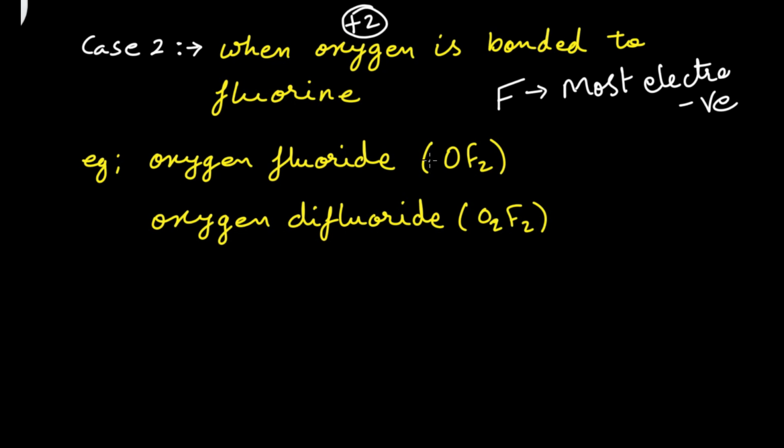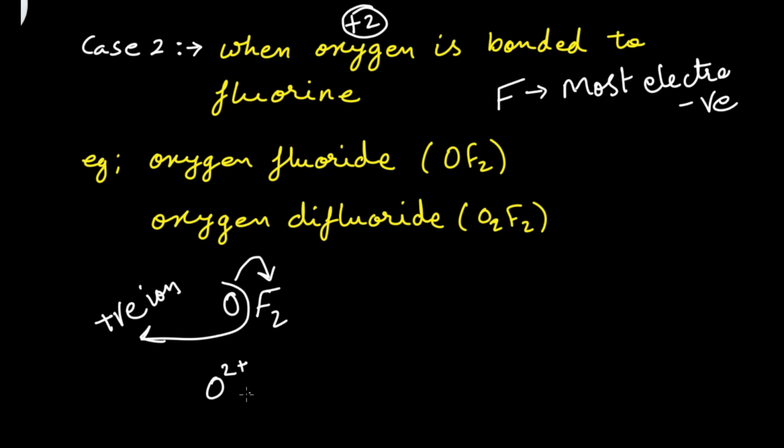Remember this. Why is this becoming +2? Here this is your oxygen, this is your fluorine. Now we know that fluorine is most electronegative. Most electronegative means it will take the shared pair of electrons towards itself. So oxygen will have to leave as a positive ion, and when oxygen leaves, it will have a charge of +2 because it will donate 2 electrons to the 2 fluorine atoms.